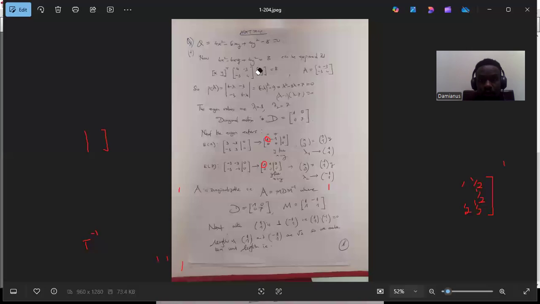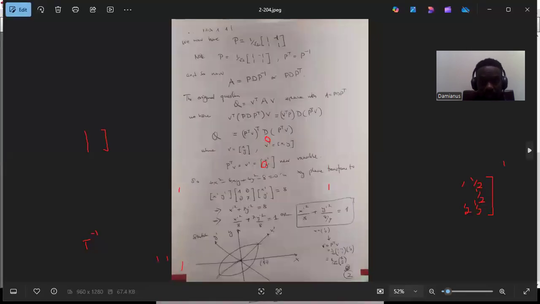Okay, now let me get the other slide. So life is easy. All right, so there it is. Now the next step was from M, which is (1, 1; -1, 1). We can say now this is unit, and we can get a new matrix, which is P, which is 1 over √2 times (1, 1; -1, 1).